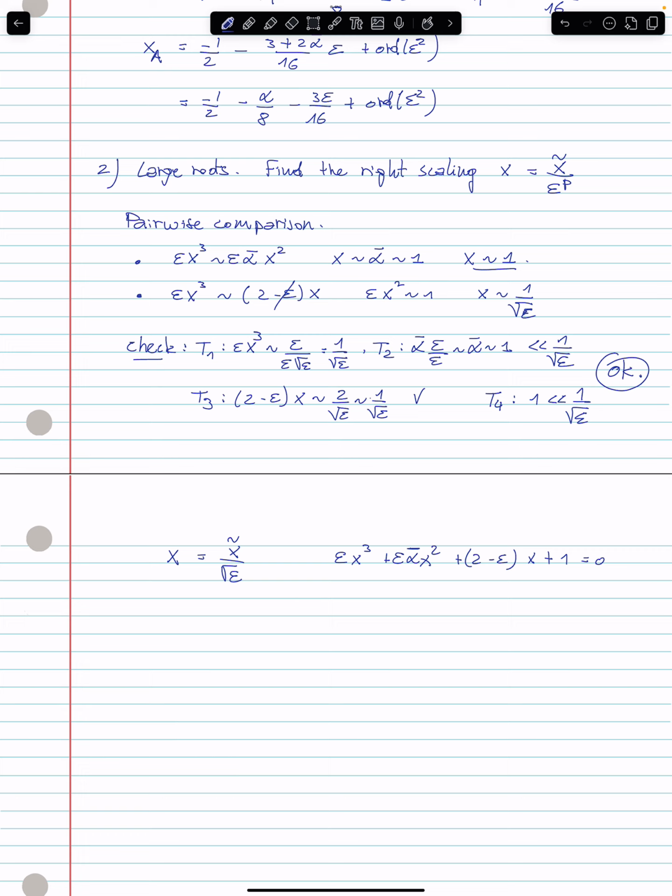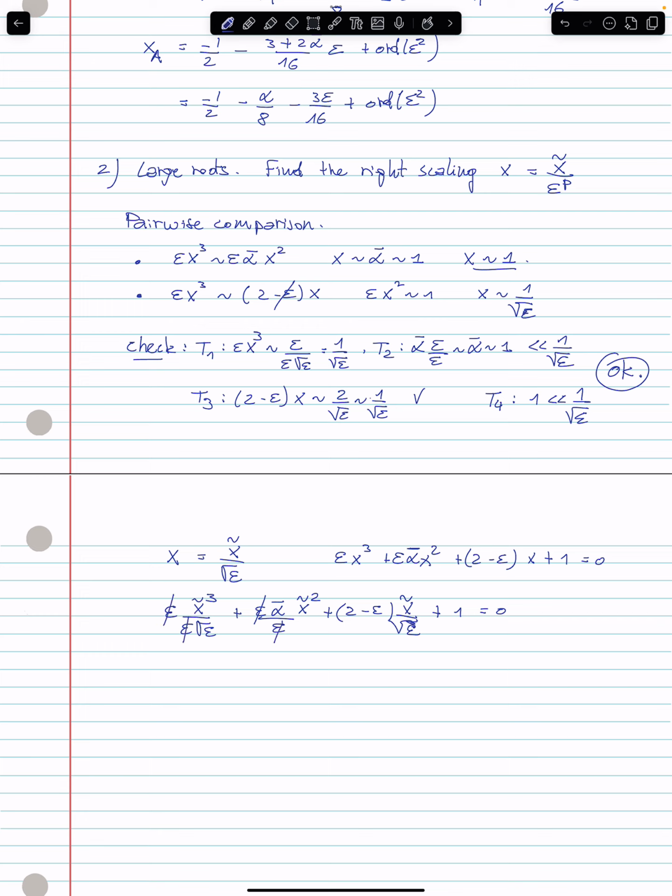So what we have is epsilon multiplied by x tilde to the third over epsilon square root epsilon, plus epsilon alpha tilde x tilde square over epsilon, plus 2 minus epsilon, x tilde over square root epsilon, plus 1 is equal to 0.